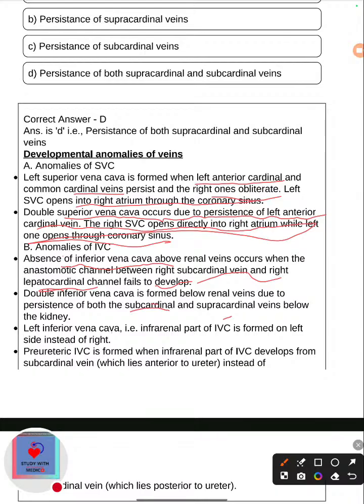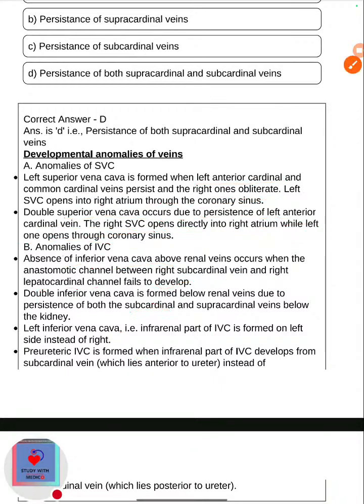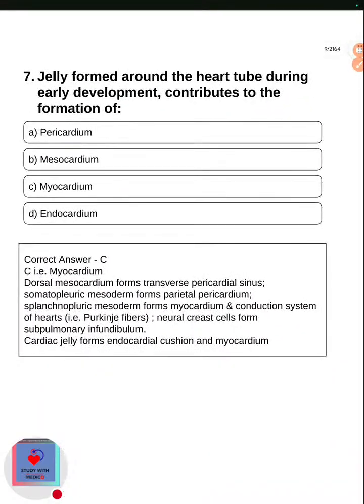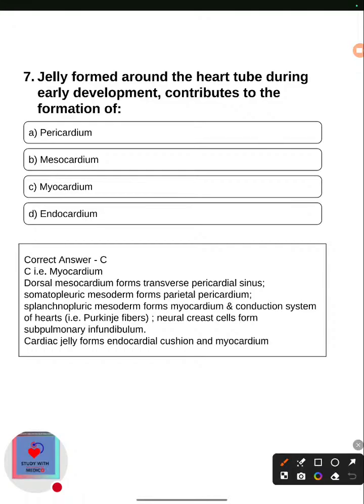Left inferior vena cava is when the infrarenal part of the IVC is on the left side instead of the right. Circumaortic or retroaortic IVC is formed when the infrarenal part of the IVC is formed from subcardinal instead of supracardinal veins.